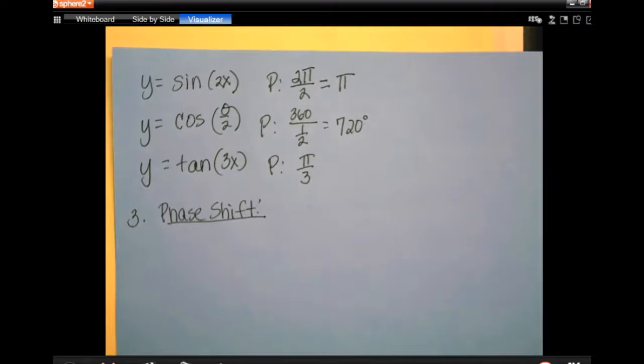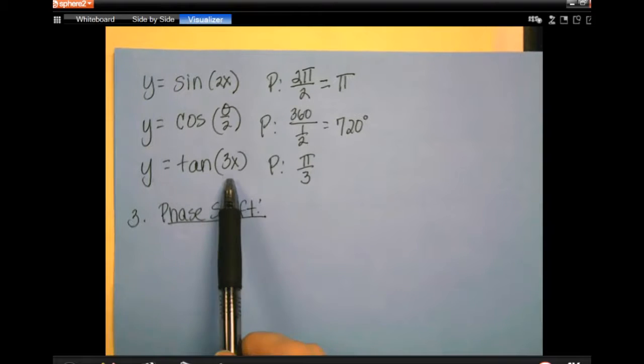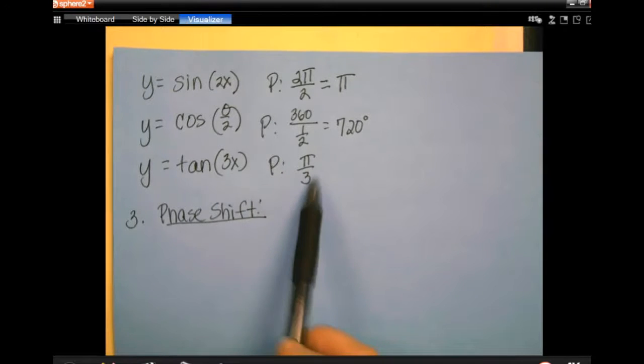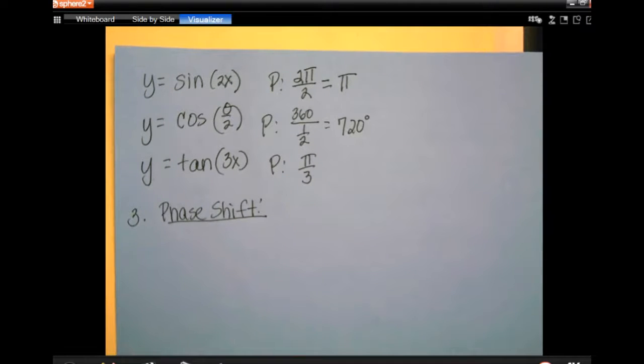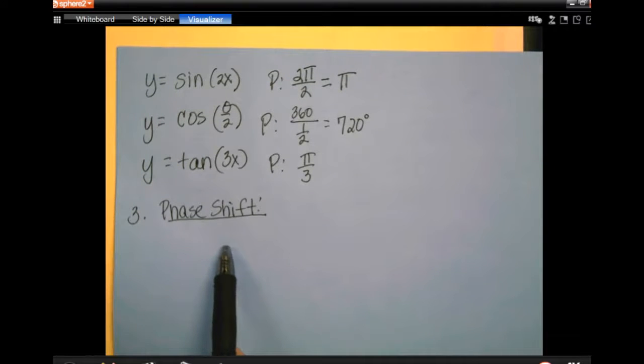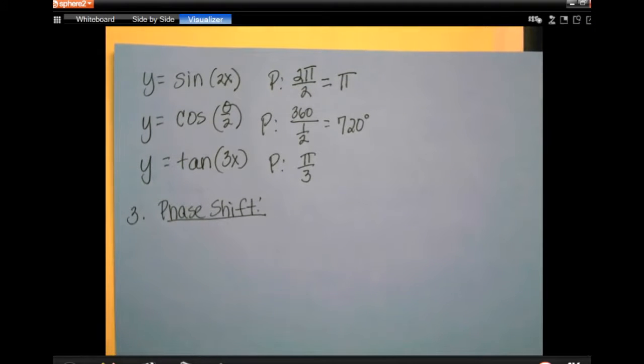Okay, so the first thing we talked about was how tall the graph was. The next one is the period. So for instance, this tangent, instead of making a complete cycle in pi, it's going to make a complete cycle in pi over 3. So it got scrunched down, okay? So the last thing we're going to talk about is phase shift. And phase shift is moving it back and forth. It's when you move the graph back and forth.